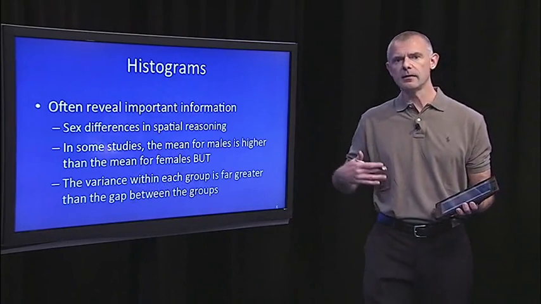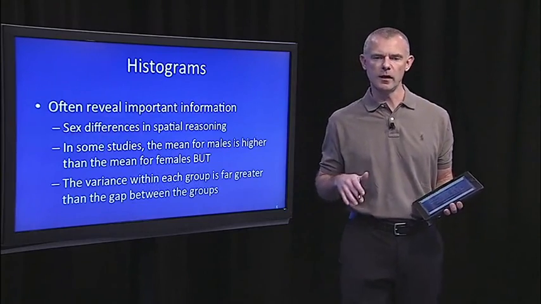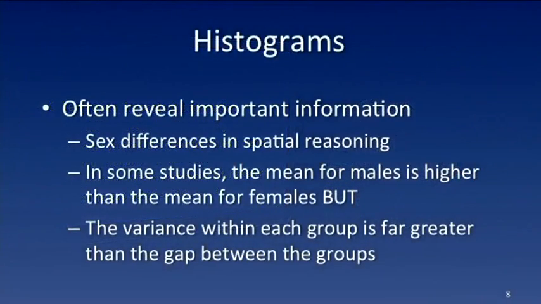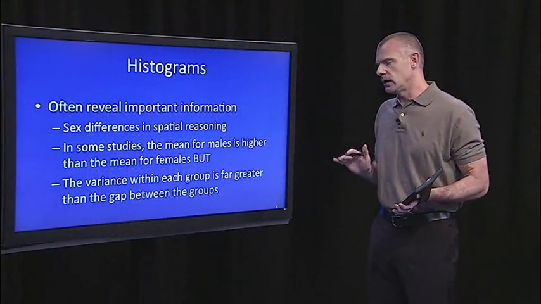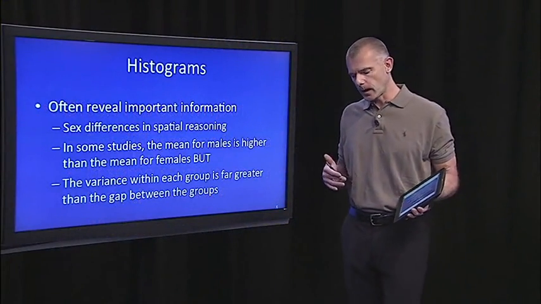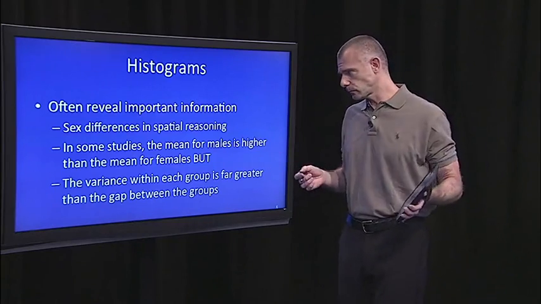Again, the reason we're starting with histograms is they often reveal important information that's missed or glossed over if you just provide summary statistics. Another controversial example that is perfect to demonstrate this point is the notion that there might be sex differences in spatial reasoning in adults.